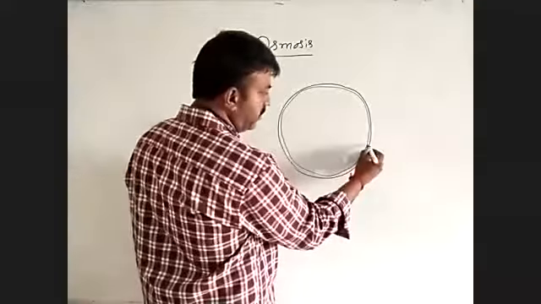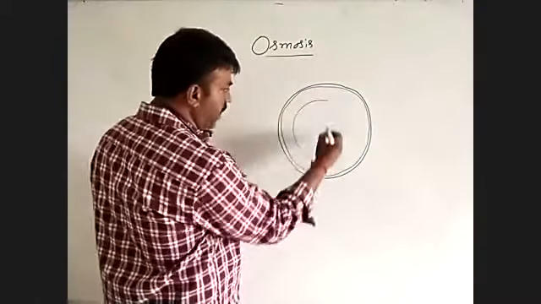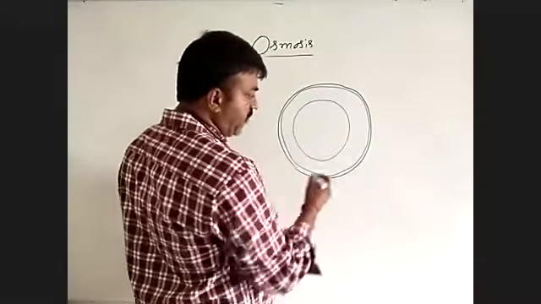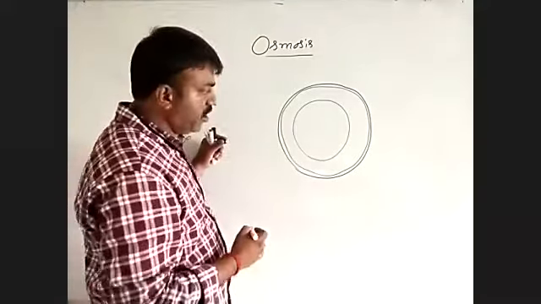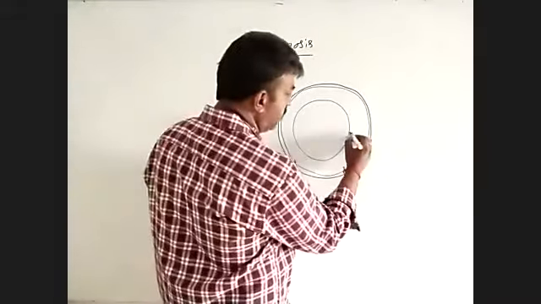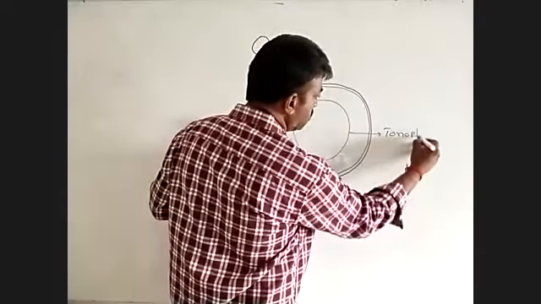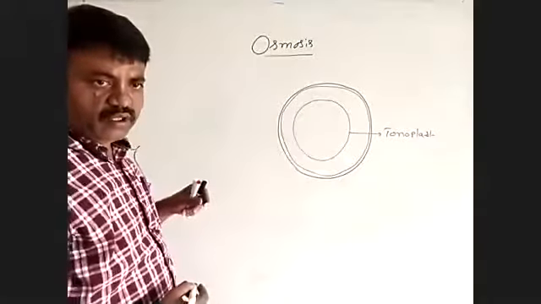In a matured plant cell, this is a vacuole. The vacuole is surrounded by the vacuolar membrane, nothing but the tonoplast.